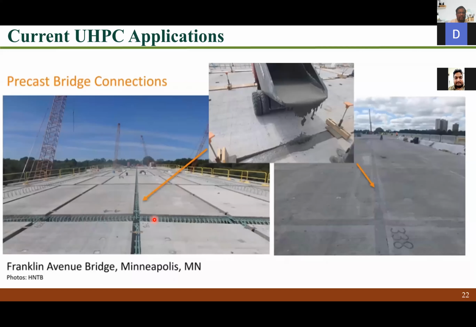For connections to be very robust, you need UHPC, because it has very high tensile strength and is able to transfer all the forces. Also, because it has a lot of cementitious content and fine powder content, the development length for the bars can be achieved quickly. That is another big advantage of going for ultra high performance concrete in bridge applications.